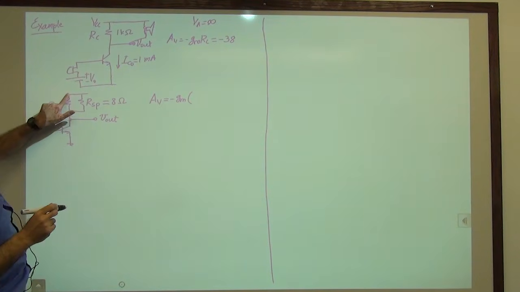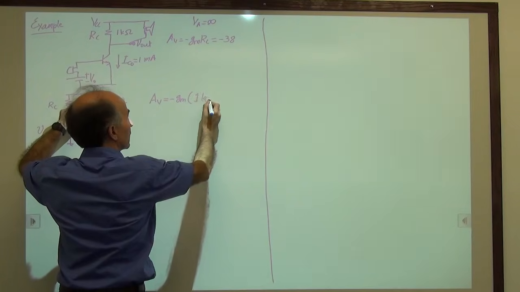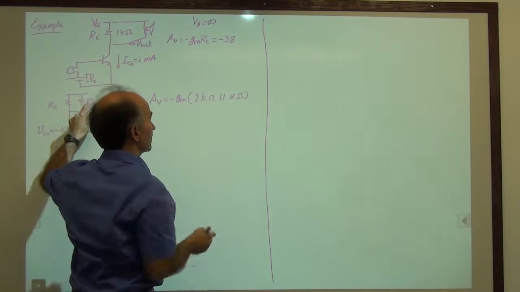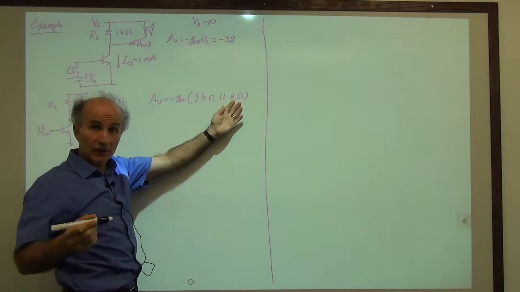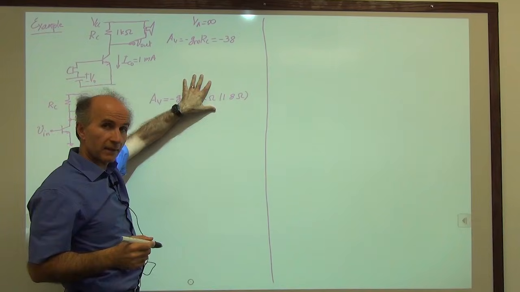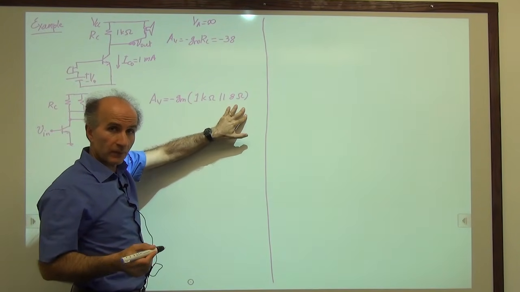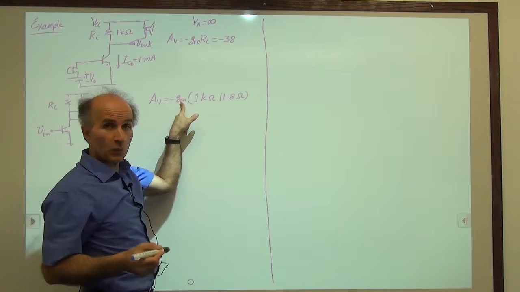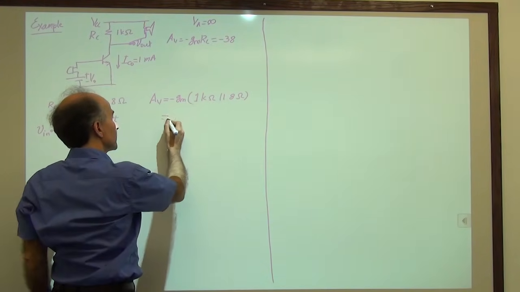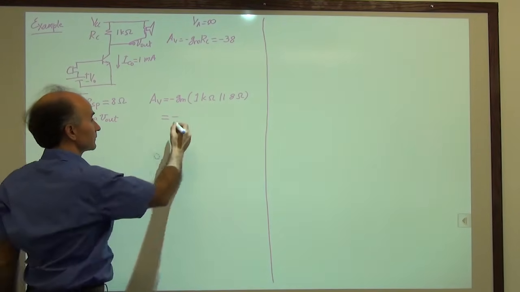So we have RC in parallel with RSP. So we have 1 kilo ohm in parallel with 8 ohms. And you can see that 8 ohms is much less than 1 kilo ohm. So it completely overwhelms this resistance, meaning that this result is approximately equal to 8 ohms. GM is 1 over 26 ohms, so 8 over 26, right? So that's about minus 0.3.